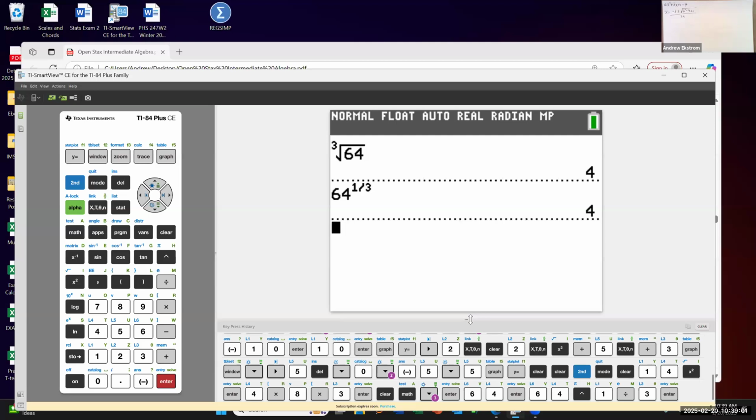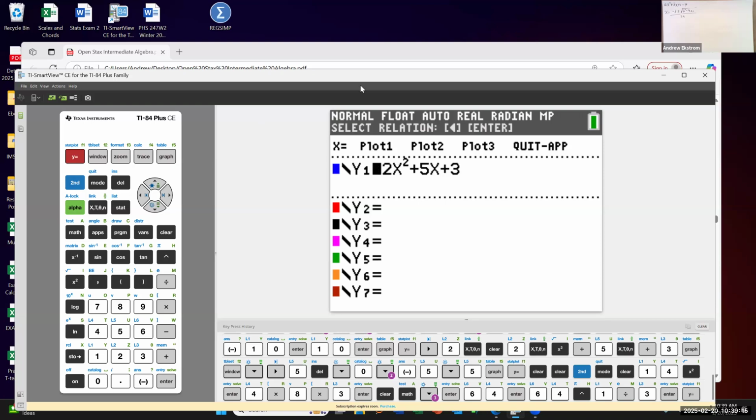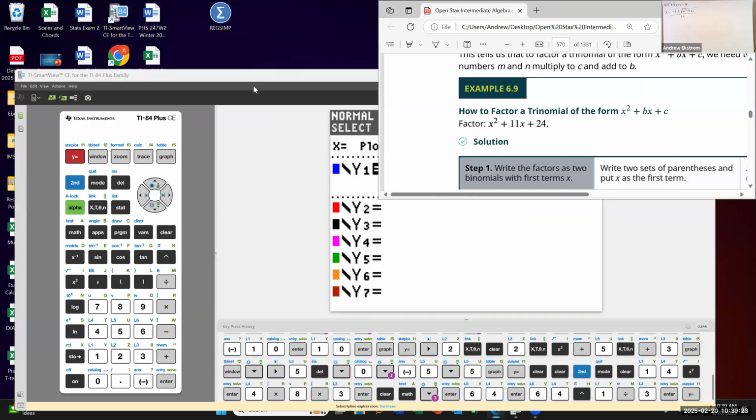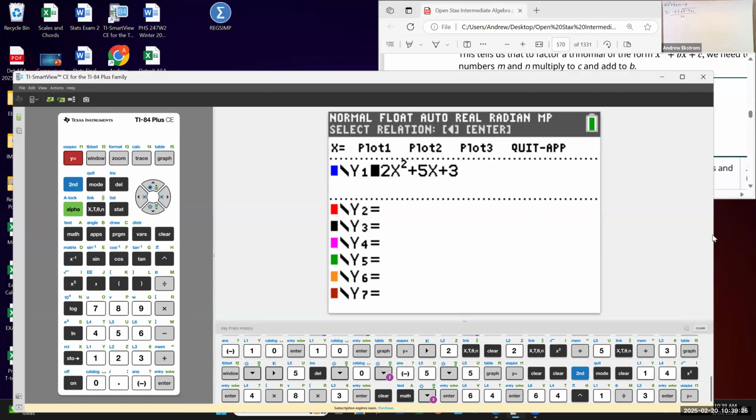So with pretty much everything we do here, we can actually go in and graph these. So we need to figure out what this looks like. So I can go to y equals, and we have the formula.